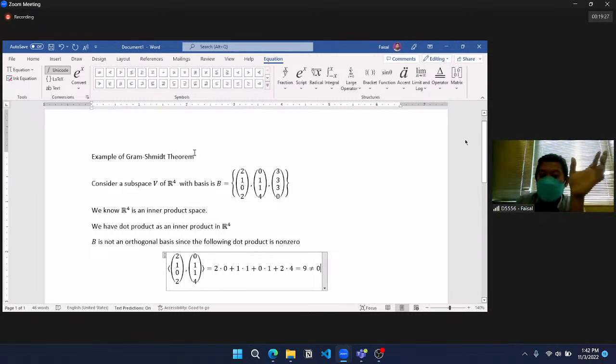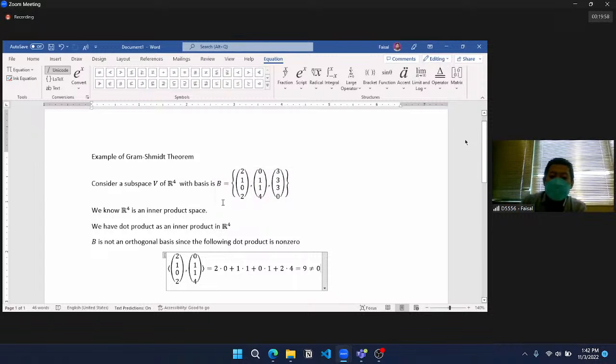An orthogonal basis means that for every pair of vectors, the dot product is always zero. That's the definition of an orthogonal basis. But the dot product between the first and second vectors is not zero, so B is just a basis, not an orthogonal basis.